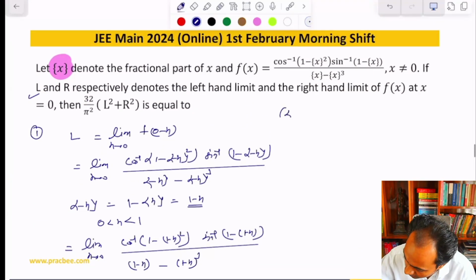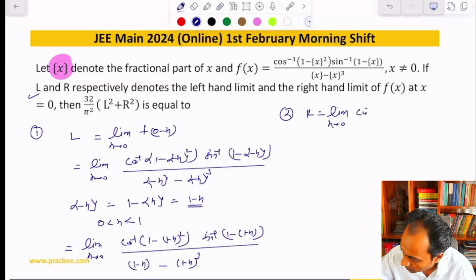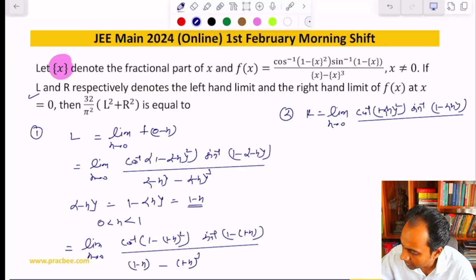For doing RHL, it is simpler, because if I take RHL, this will become cos inverse of (1 minus fractional part of h) whole square, sine inverse of (1 minus fractional part of h), divided by fractional part of h minus fractional part of h whole cube.